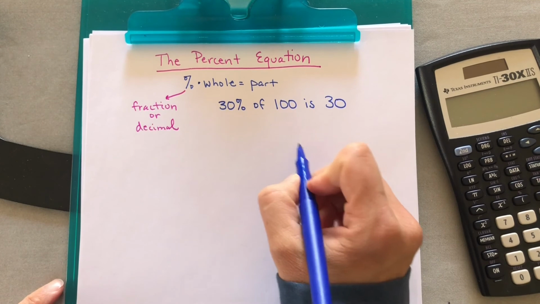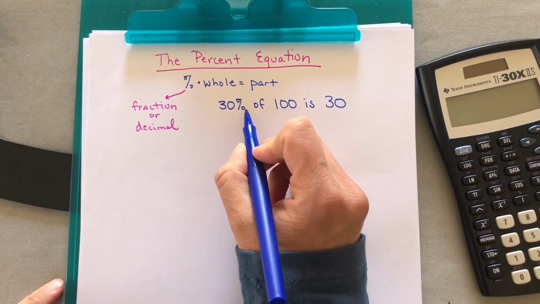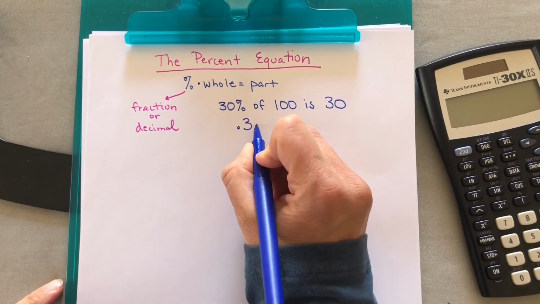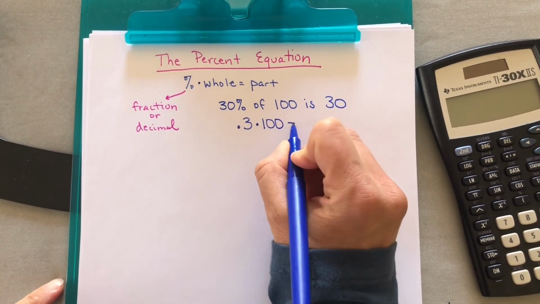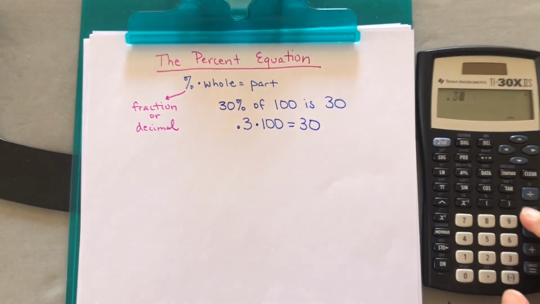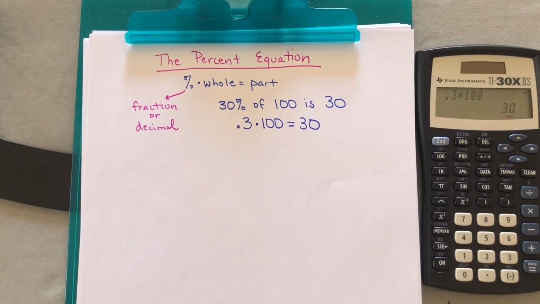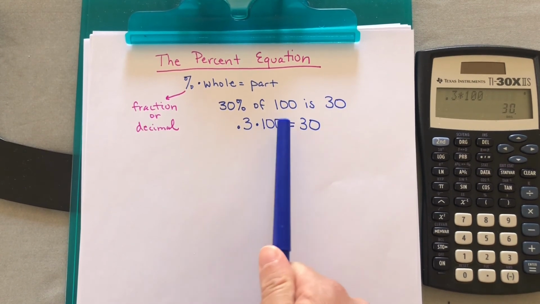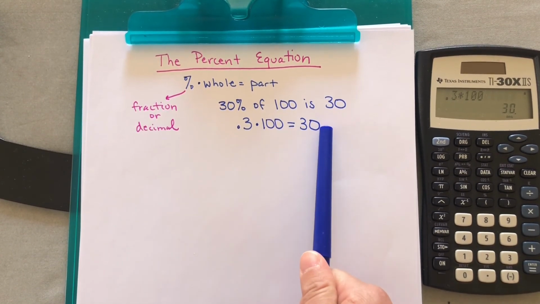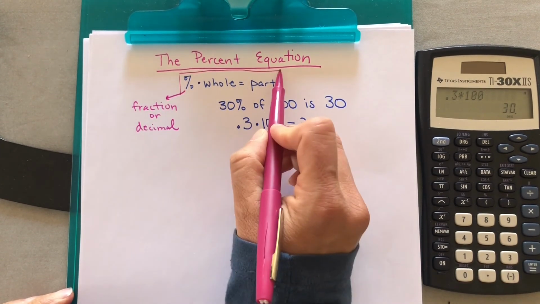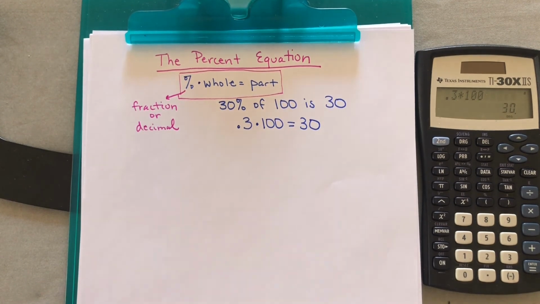And so if we write that mathematically, 30% is 30 hundredths, or as a decimal, 0.3. 0.3 times 100 equals 30, which we can double check on the calculator is true. So the fraction or decimal form of the percent times the whole equals the part. And this equation can work to solve any of the 3 missing pieces, either the percent, the whole, or the part.